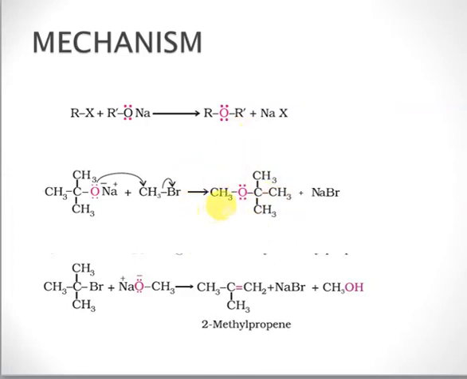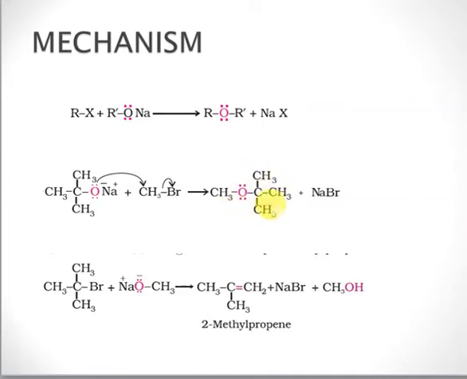According to the IUPAC name, the smaller group will become the oxy and the larger group will become the alkane, right? So if you say this is carbon number 1, this is the second carbon to which this group is attached, so we can say this is 2,2-dimethyl ethane, right?